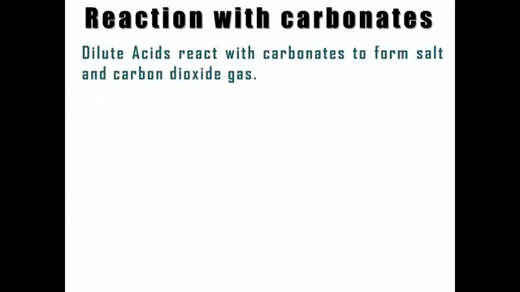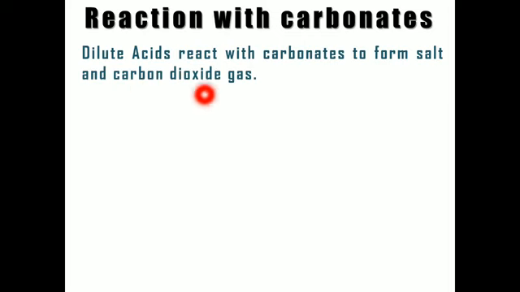Now moving on to the other chemical property, that is reaction with carbonates. Normally when carbonates and acid react, salts are going to be produced, as in the first reaction, but the gas which is going to be released will be carbon dioxide.